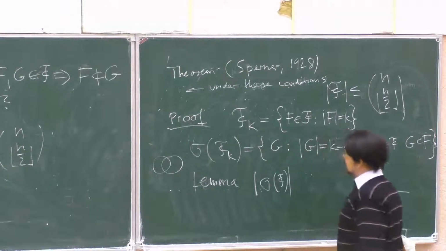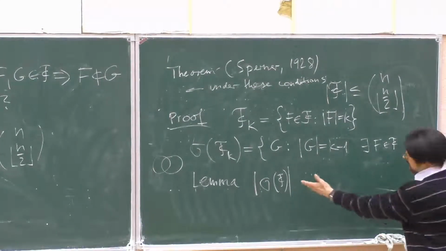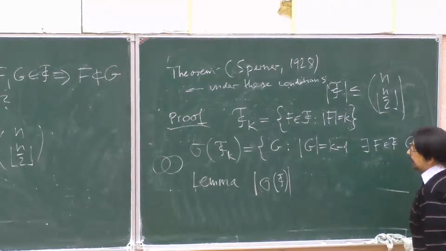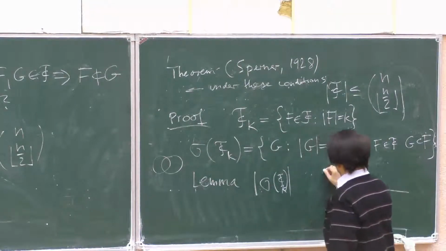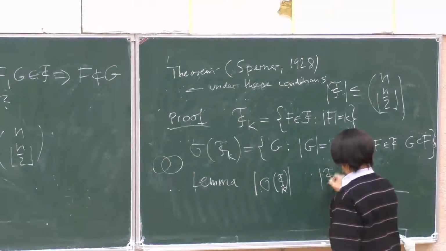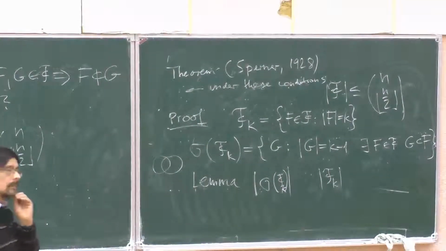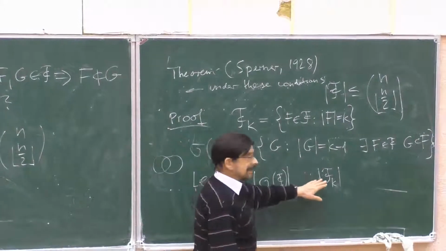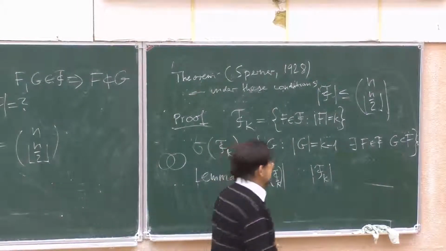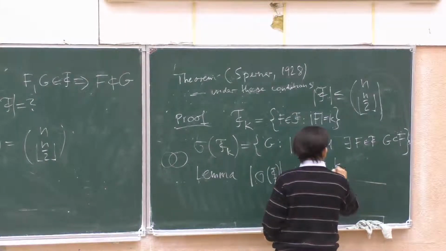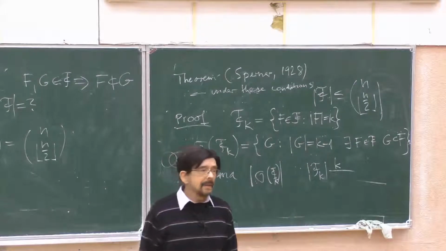So what is the minimum of the shadow, the family of shadow, if we know the size of the family? From each k-element set, we can delete every element. In this way, we obtain k minus one element sets.